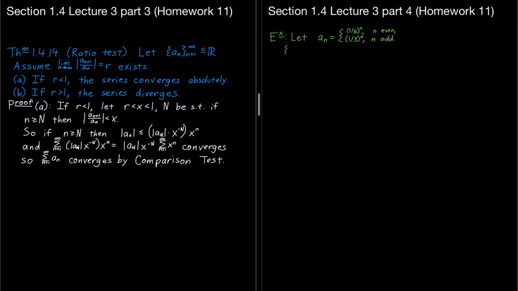So our sequence of a_n's is 1/3, 1/25, 1/27, 1/625, which is 5 to the 4th, 1/3 to the 5th, which is 243, and so on and so forth.